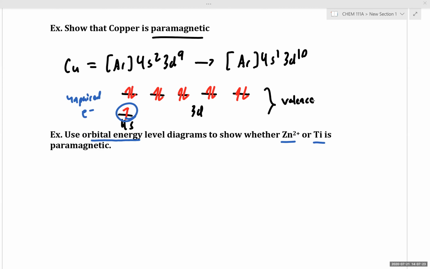Let's use this orbital diagram to show whether zinc or titanium is paramagnetic, whether we have unpaired electrons. The responses I see in the chat look great so far. We'll discuss this example in another 2 to 3 minutes.